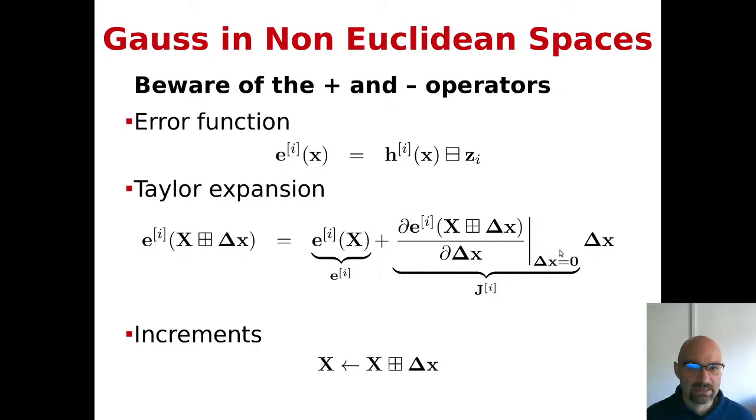We evaluate it in 0, because 0 we know to be the origin of our chart. So this object over here denotes how much the error changes if I move around the linearization point on the chart of a certain perturbation delta X. This is a Euclidean object.